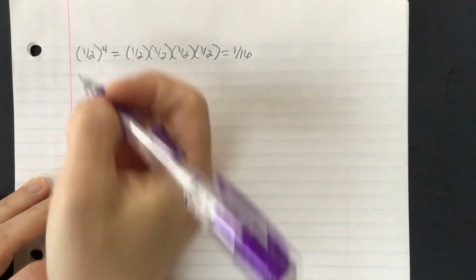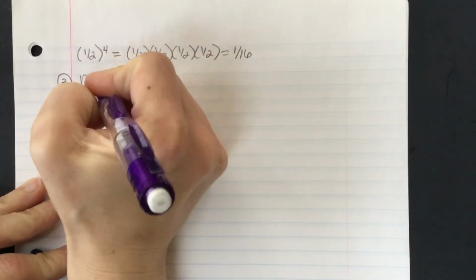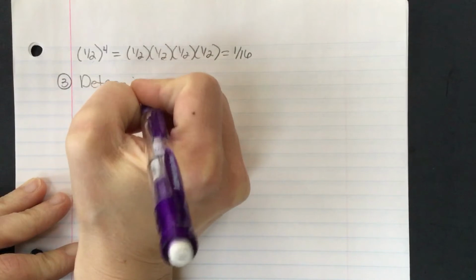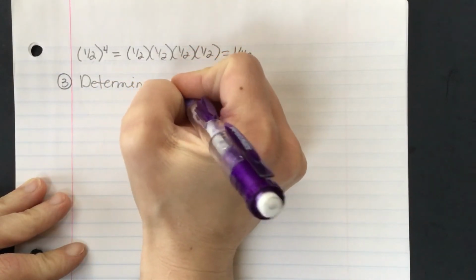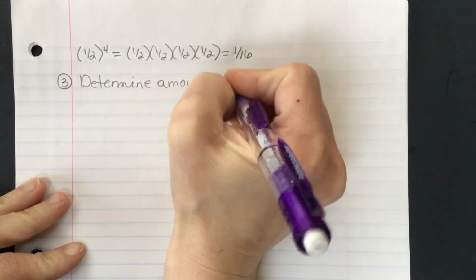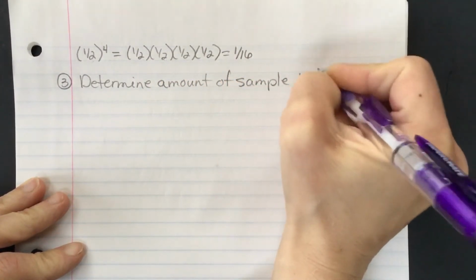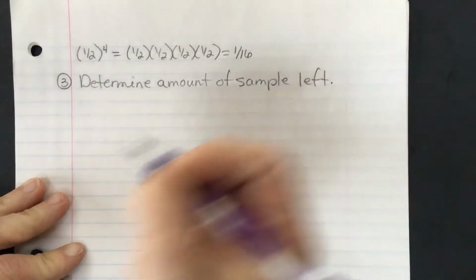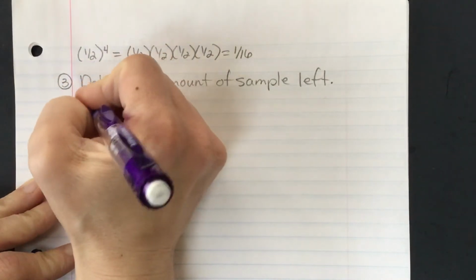And so then what we do, step number 3, is to determine the amount of sample left. And to do that, we multiply the fraction by the amount of sample.